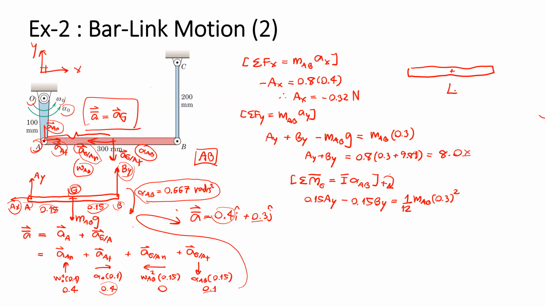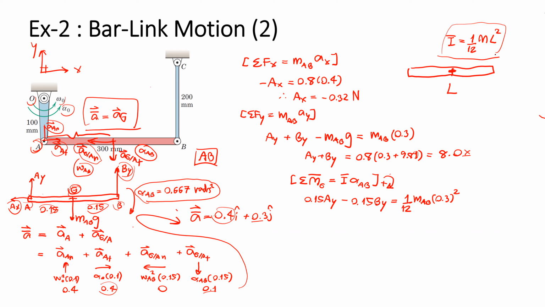If the bar has length L, the moment of inertia about this point is 1/12 mL squared. If the rotation is at the center of the bar, I bar is 1/12 mL squared.